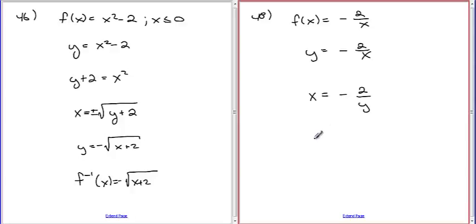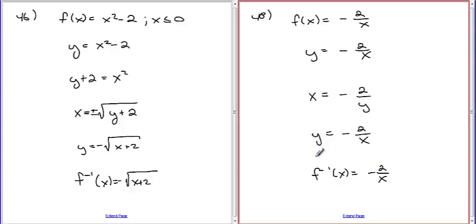Then we switch the variables. Y equals negative 2 over x. And you say f inverse of x is negative 2 over x. Looks like the same function.